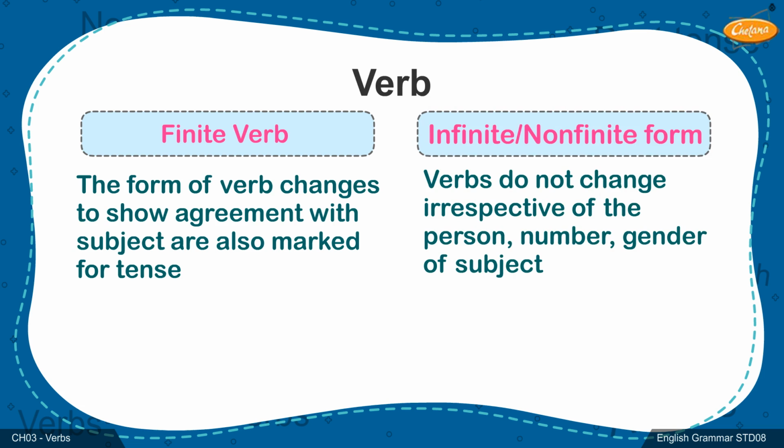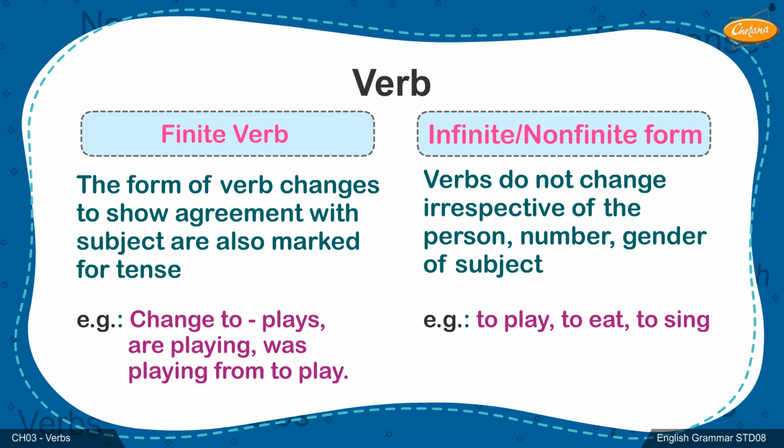They remain the same no matter the person, number, and gender of the subject. Some examples of non-finite verbs are to play, to eat, to sing. In the finite form, the verb to play changes to plays, are playing, was playing, and so on.